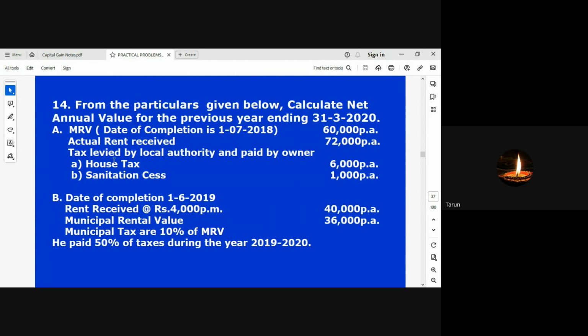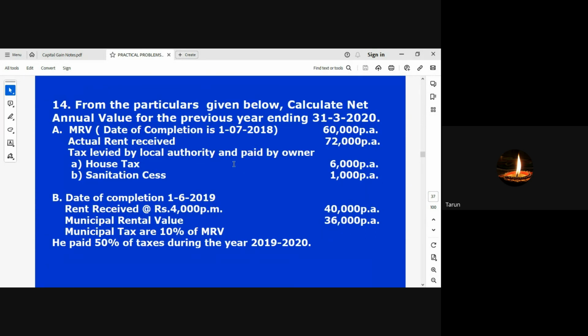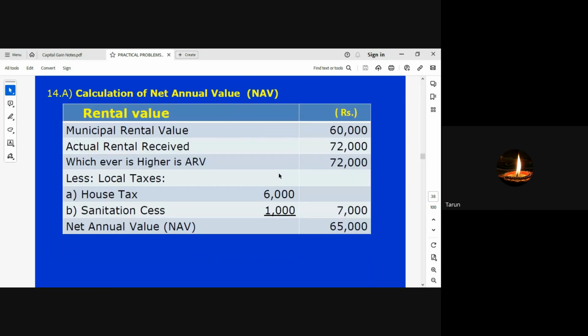Then we talk about the actual rent receipt, because no other rental values are given, so you can directly compare. So the actual rental value is 72,000 per annum, which is already given. Whichever is the higher value is the annual rental value, right?